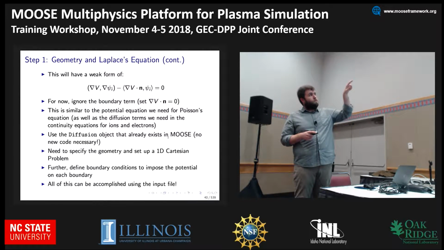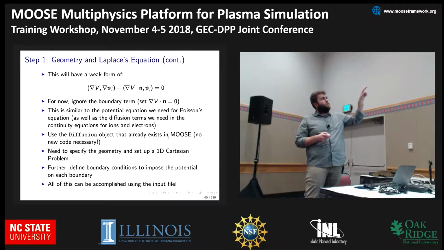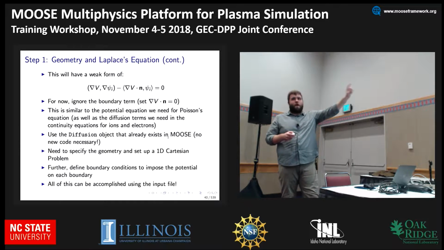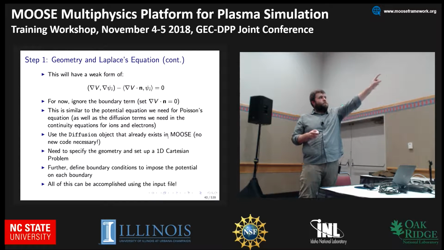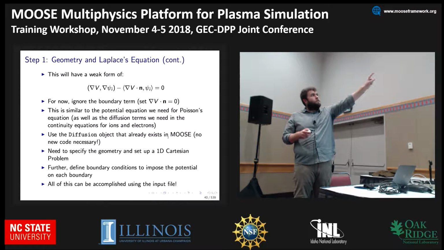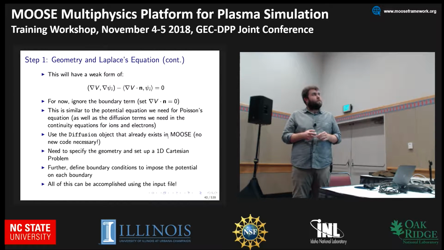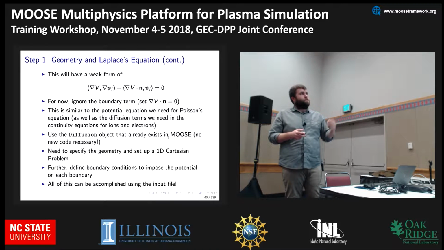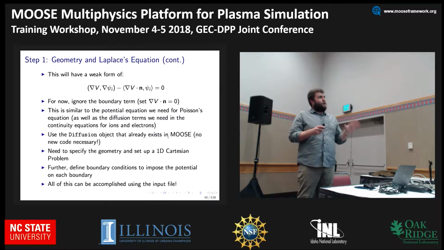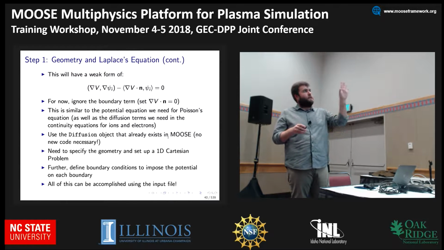So Laplace's equation will have a weak form shown at the top. This is in inner product notation. You have the integral of the gradient of v times the gradient of your basis function, minus your boundary condition term, equals 0. For right now, we're just going to ignore the boundary condition term and set it equal to 0.